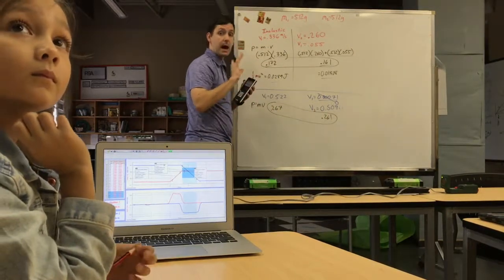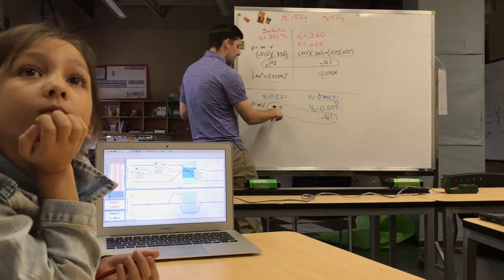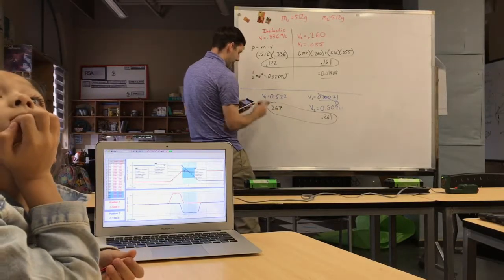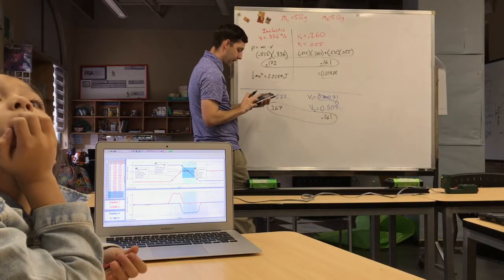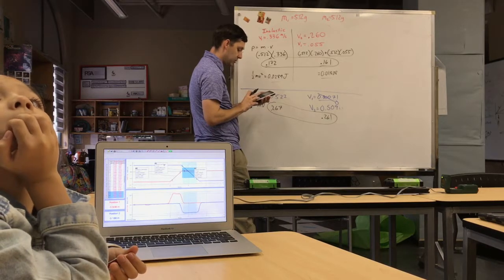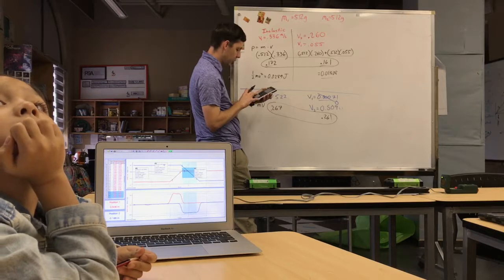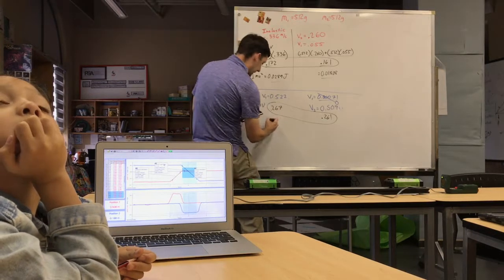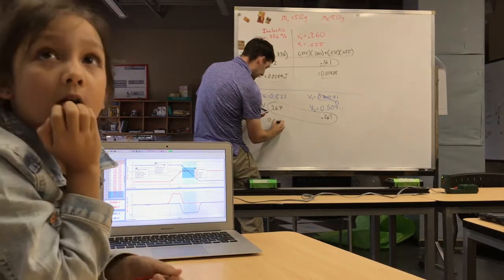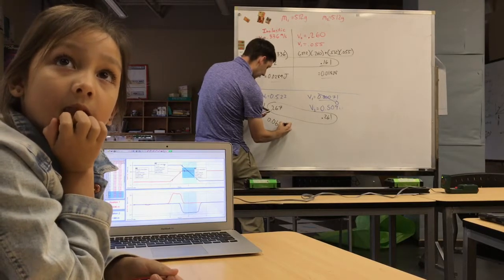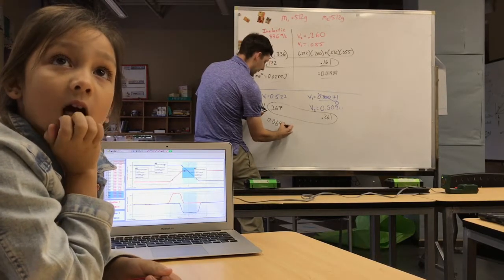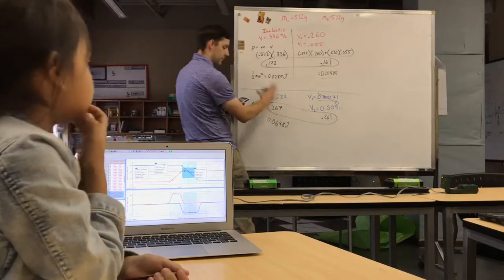Now what we're going to look at is the kinetic energy. So again, we're going to go 1/2 mv squared. I'm going to go 0.5 times 0.512 times 0.522 squared, and I'm going to get a kinetic energy of 0.0698. That's the kinetic energy beforehand.